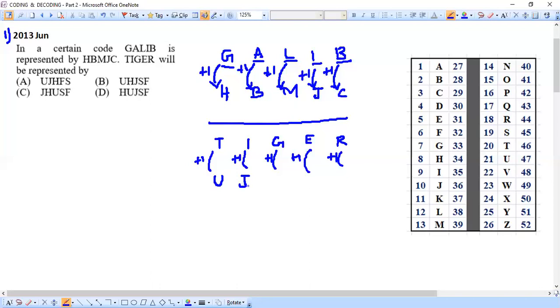But hold on here itself, come to the options. The first letter we are getting is U, is it or not?